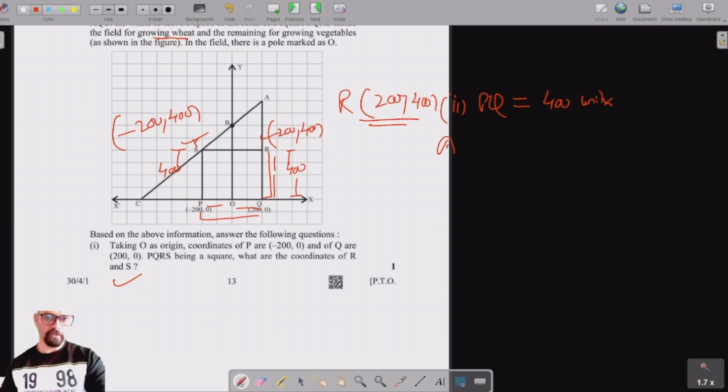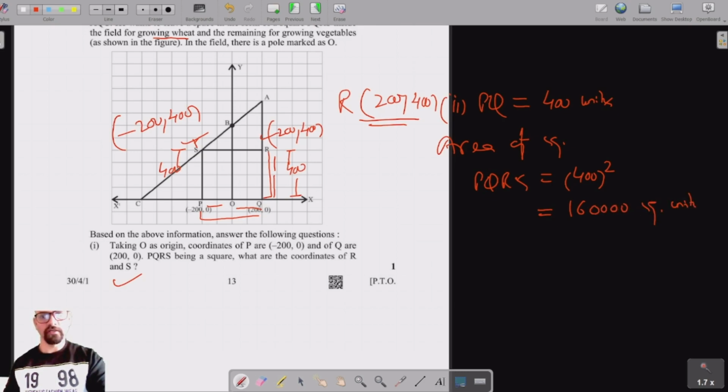So the area of square PQRS is equal to the square of any of the sides, which is 160000 square units. So we have got the area of the square. Now we have to find the diagonal PR.